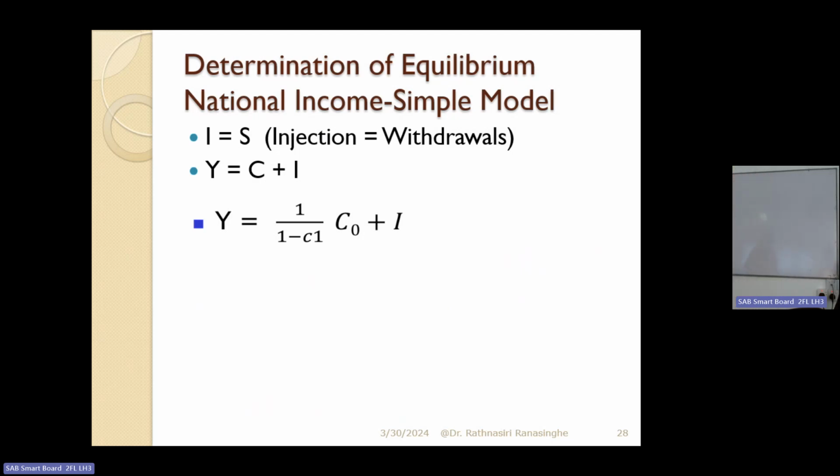In the simple economy, national income equilibrium is Y equals E. Two conditions: Y equals E, and I equals S. I means injection, savings means withdrawal. And Y equals E, Y equals C plus I, the simple economy equilibrium.